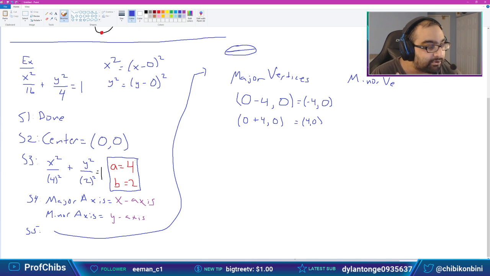If I see that my major axis is the x-axis, I know I'm going to add and subtract A from my x coordinate. I know I'm going to add and subtract B from my y coordinate of my center, because that's essentially what we're going to be doing. So it reduces the amount of confusion. You have the information in front of you, and you'll know exactly what to do in this next step, step 5.